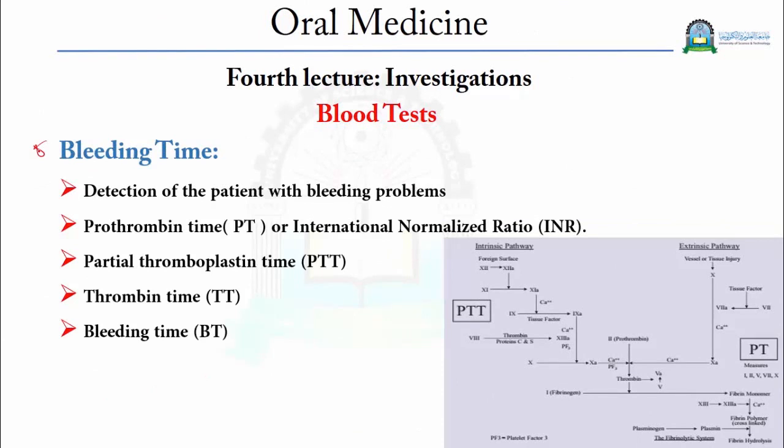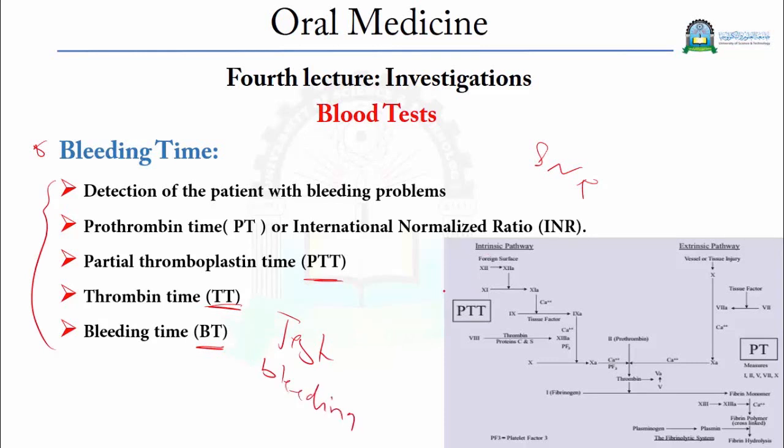So it is the detection of patients with bleeding problems: prothrombin time or international normalized ratio INR, partial thromboplastin time, thrombin time, and bleeding time. All these are types of tests which indicate the bleeding condition of your patient.